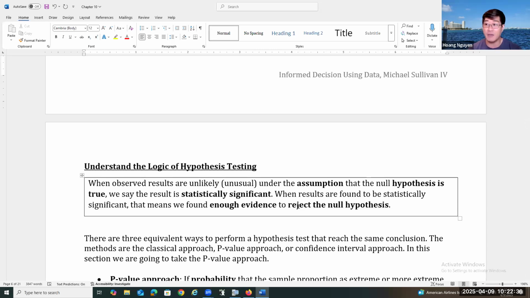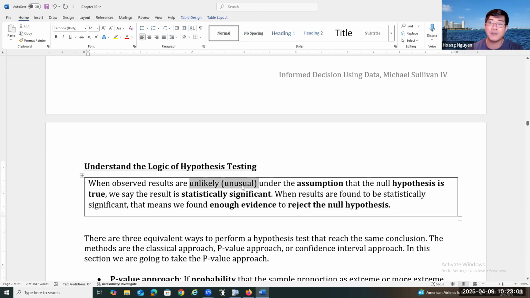Based on the given sample, we're going to do some calculation. If we find that the results of that sample are statistically significant under the assumption that the null hypothesis is true, then we have enough evidence to reject the null hypothesis. So how can we know that it's unlikely or unusual?